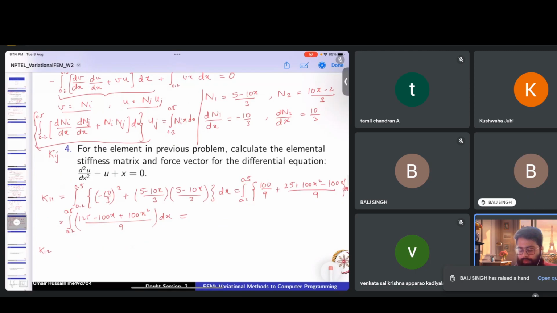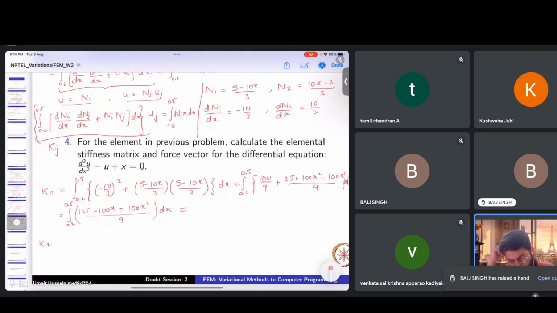And if we want K12, we have to put i equals 1, j equals 2. So here we'll have minus 10 by 3 into 10 by 3, and then we have 5 minus 10x by 3 into 10x minus 2 by 3.